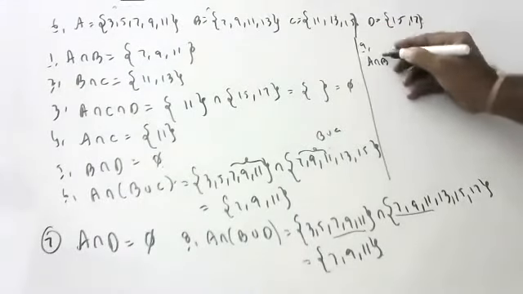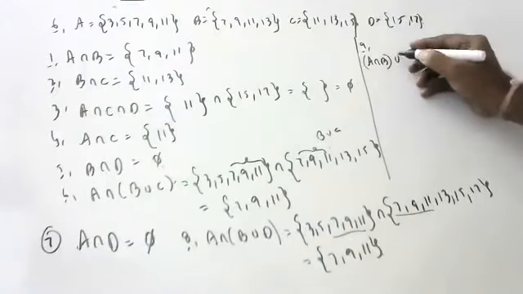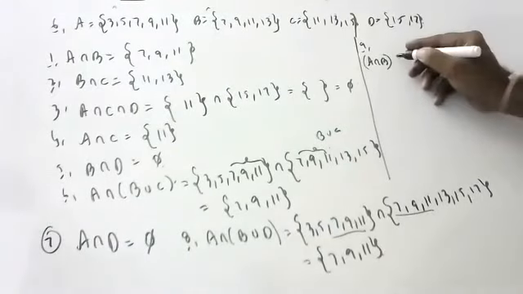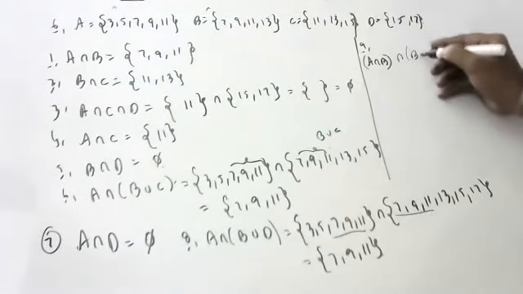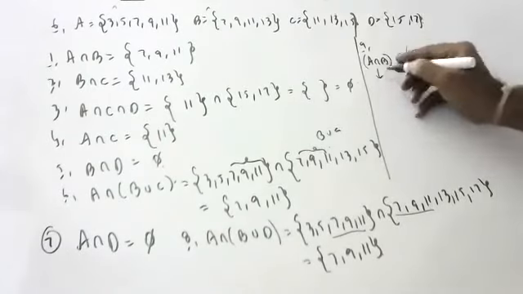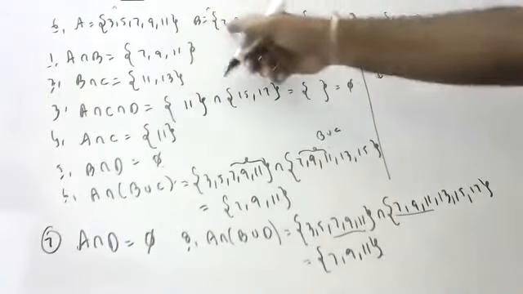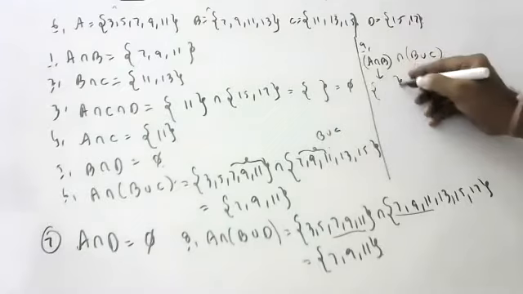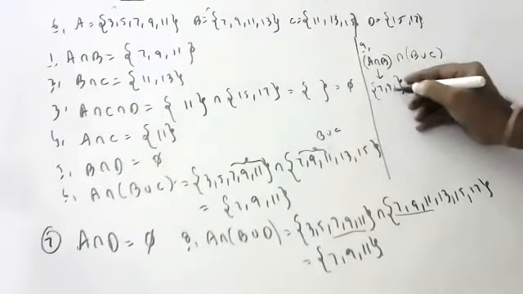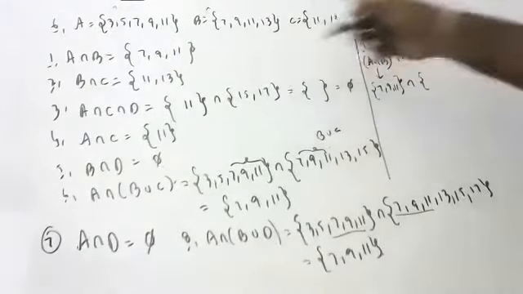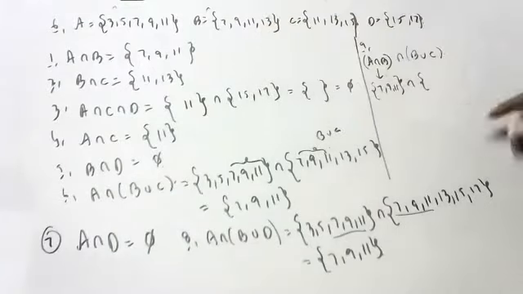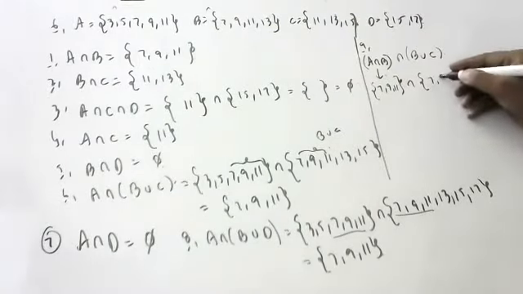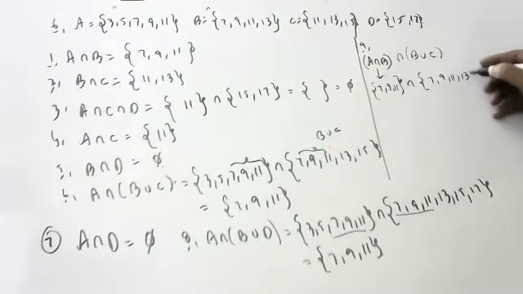A intersection B union C, I want. Tell me first, what is A intersection B, anyone? {7, 9, 11}. Can anyone tell B union C? {7, 9, 11, 13, 15}.